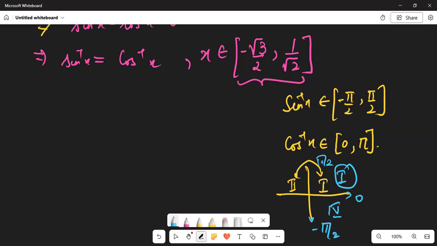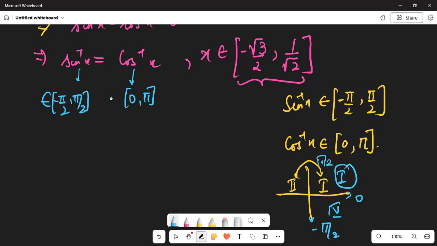So this is first quadrant, fourth quadrant. For the angles, sin⁻¹x will be giving you an angle in minus pi by 2 to pi by 2, and cos⁻¹x will be giving you an angle in the 0 to pi interval.